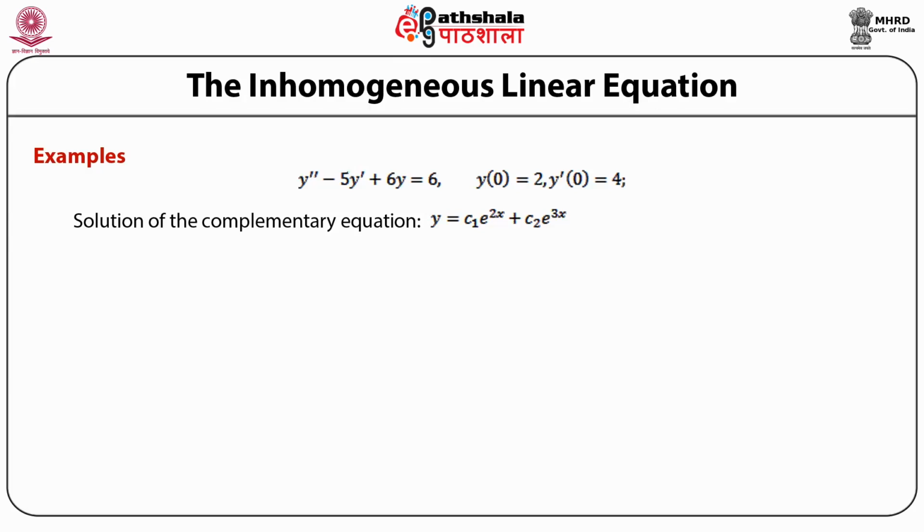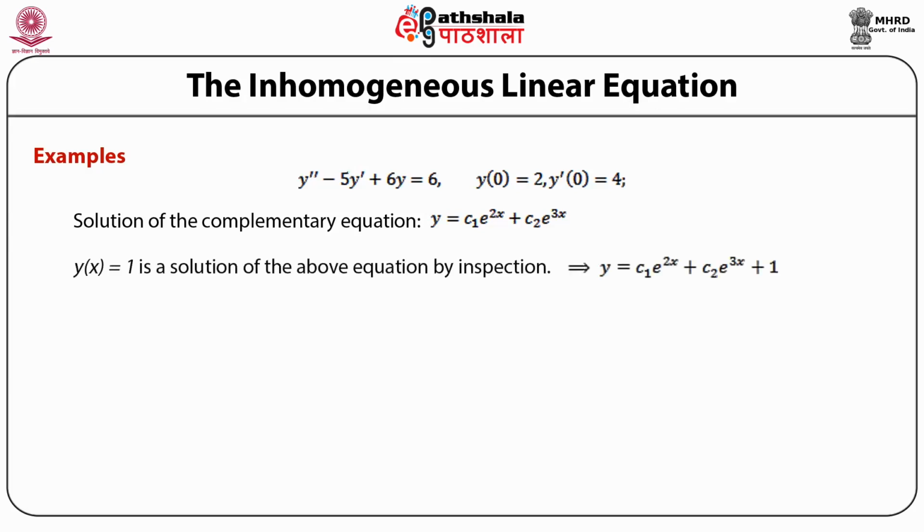By inspection, we see that y of x is equal to 1 is a solution of the above equation. Hence, the general solution is y is equal to c1 times e raised to power 2x plus c2 times e raised to power 3x plus 1. The solution to the initial value problem is y is equal to minus e raised to power 2x plus 2 times e raised to power 3x plus 1.